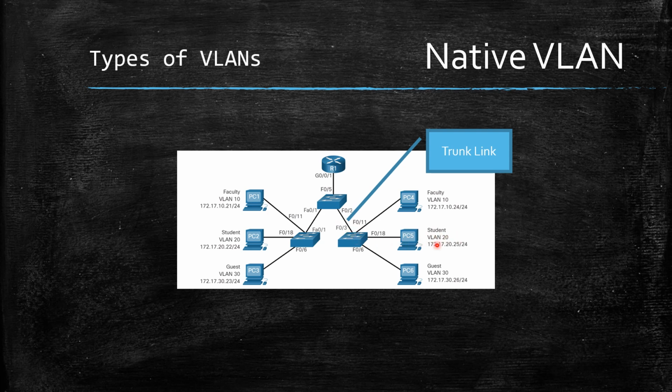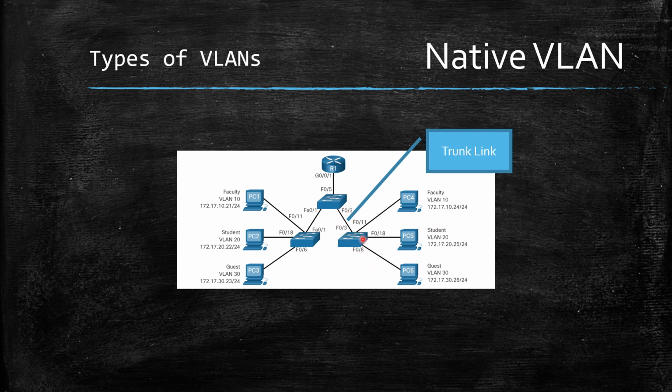And if PC5, an end device currently in VLAN 10, wants to send a frame to PC2, then also they can use this link. The link which allows the transfer of multiple VLANs over the same link is called a trunk link.